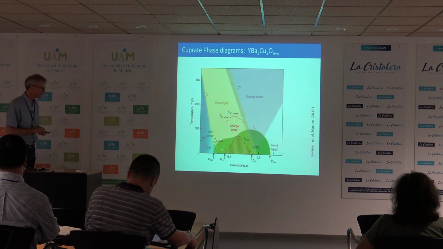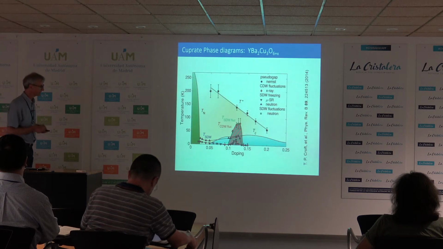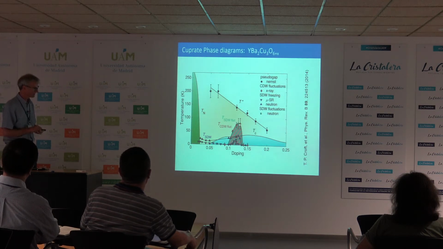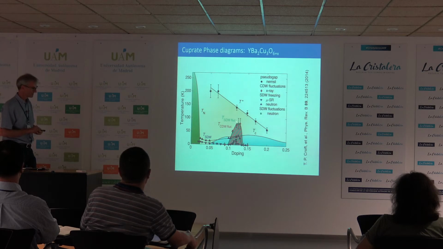Of course, let me switch to the next one. This is IPCO. For LUSCO, the phase diagram is like this. So again, we've got the antiferromagnetic phase, and we have a region here in the middle where we have this stripe order, or stripe fluctuations of some sort.